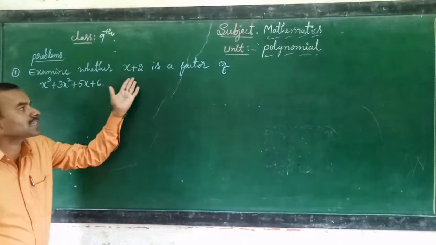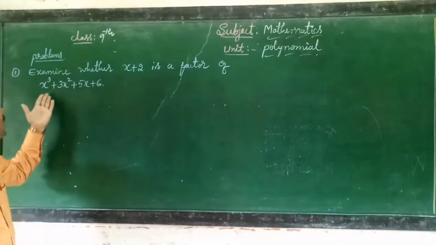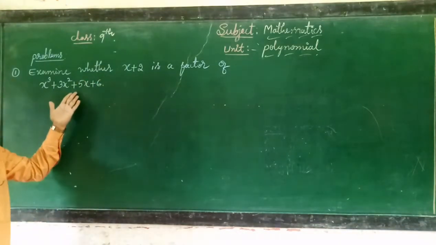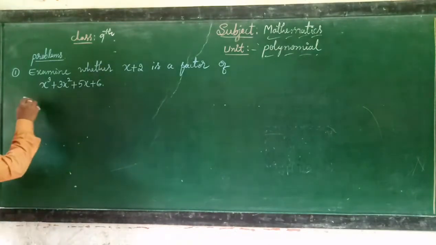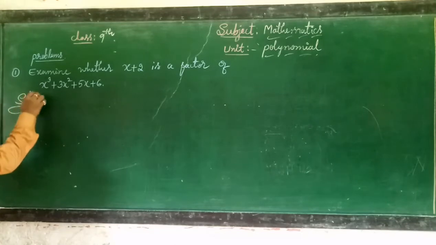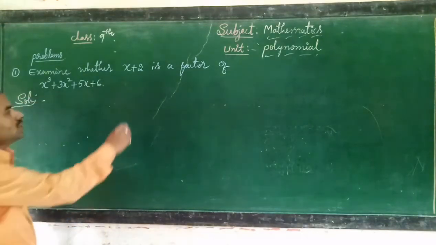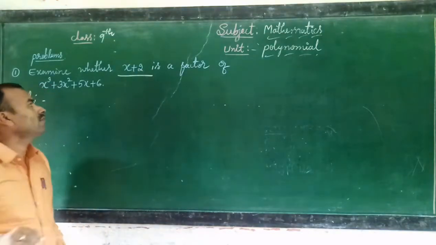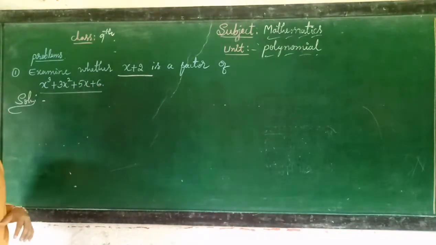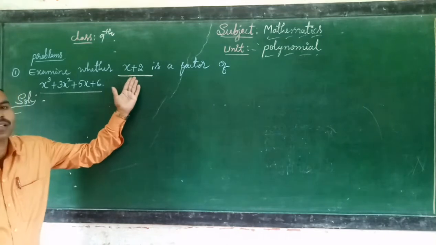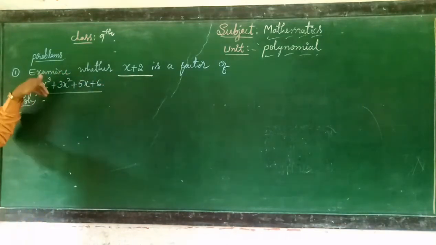Examine whether x plus 2 is a factor of x cube plus 3x square plus 5x plus 6. This is the next problem. Now we shall see how we can find this factor. Just we have to put the value of x here, minus 2, instead of x.